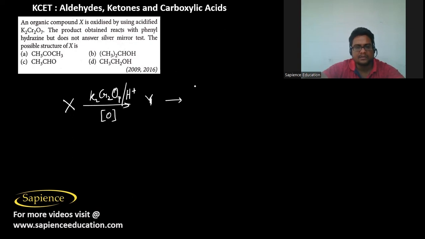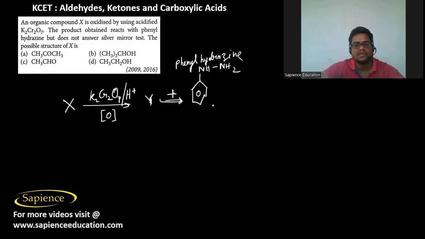reacts with C6H5NHNH2, which is called phenyl hydrazine. So this compound Y reacts with phenyl hydrazine, and it does not answer silver mirror test.